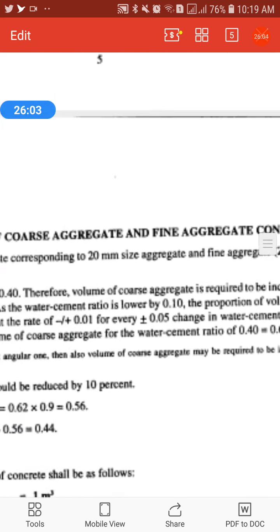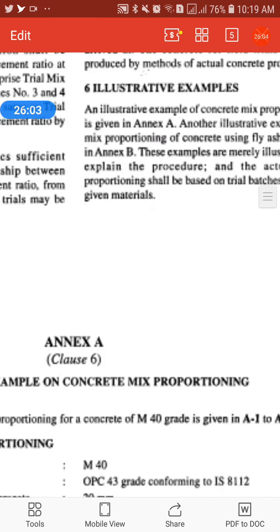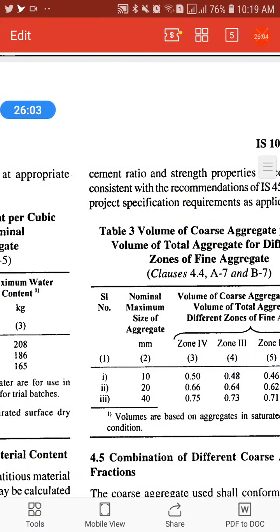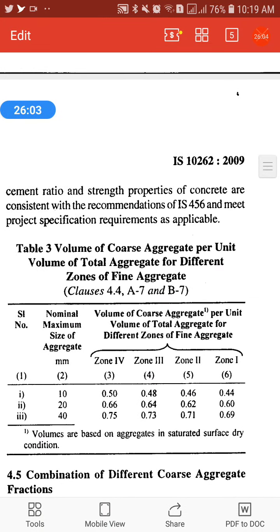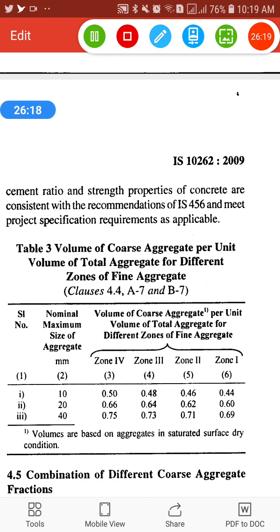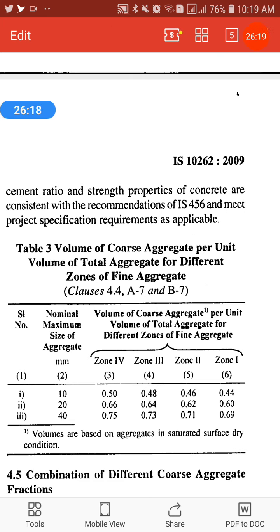Okay, so going back to Table number 2, Table number 3 sorry. See, so 20 mm size aggregate and Zone 1. Okay, so for 20 mm Zone 1, 0.60 will be the volume of coarse aggregate per unit volume of total aggregate.